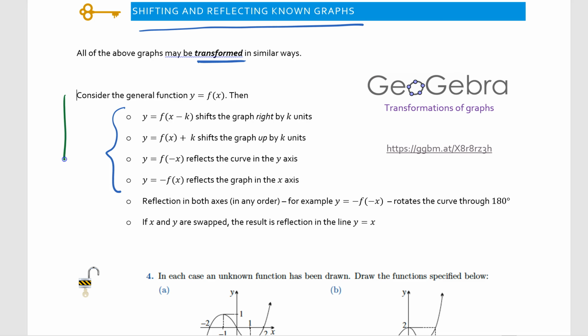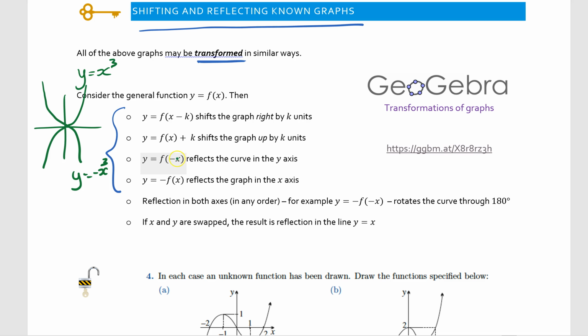So if we consider, for argument's sake, y equals x cubed, which we know looks like that, then if I look at y equals minus f of x, that would be minus x cubed, which is the reflection of this curve in the x-axis. So that's y equals minus of x cubed.